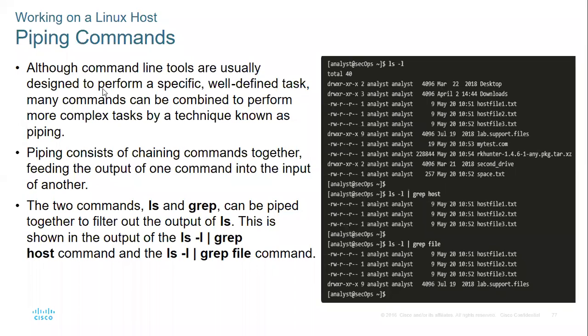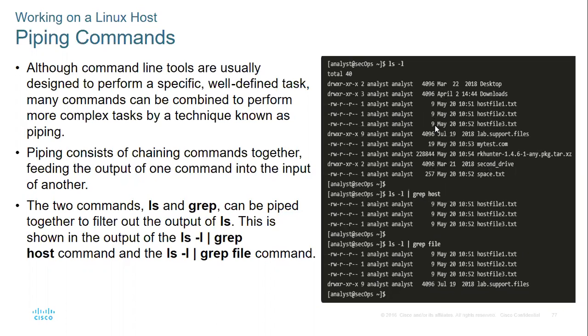Piping commands. When you are piping a command, you are running a command, and the output of the command you run first is going to be the input of the second command. That is what we call piping. In our case here, we want to list the files that we have.